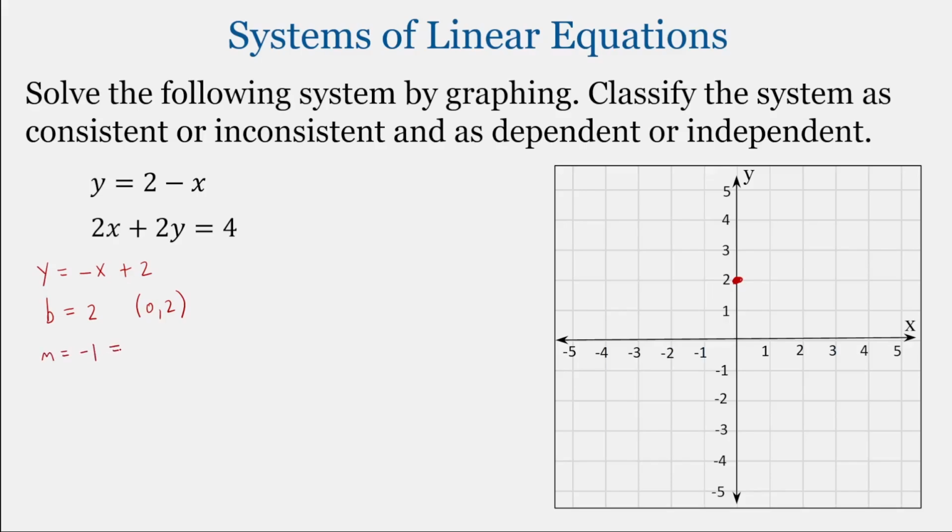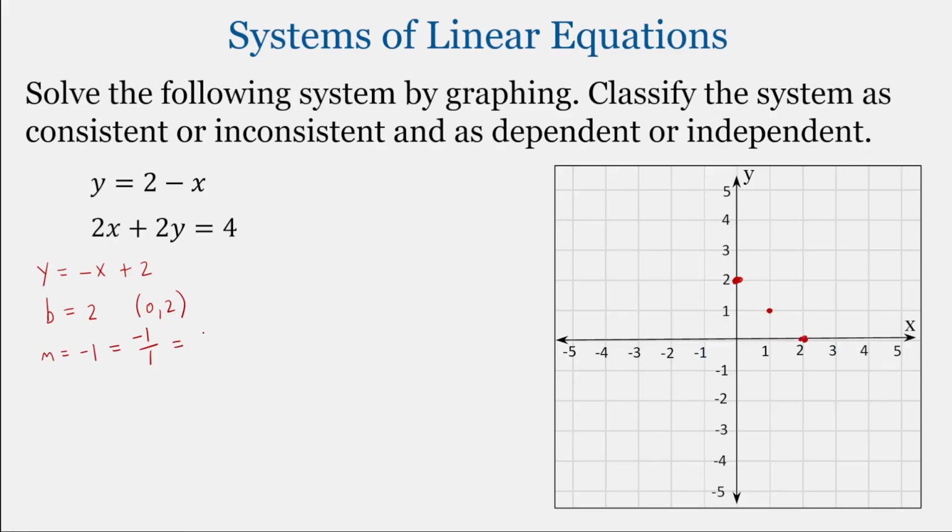So we can rewrite this as negative 1 over 1, which means we're going to go down 1 and to the right 1 from that y-intercept. And we can repeat that, down 1 to the right 1.